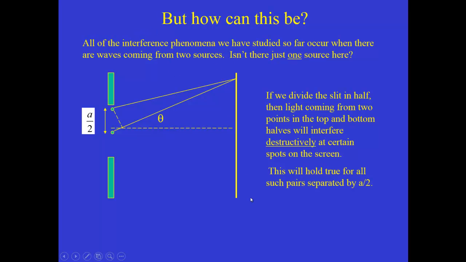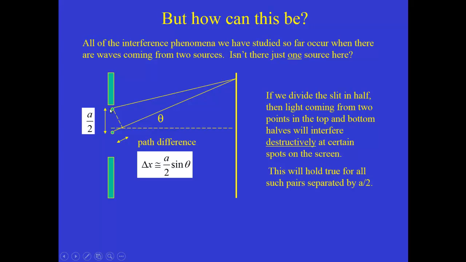So if we realize that this single slit is actually composed of infinitesimally tiny individual sources, then we see how constructive and destructive interference could happen. So let's analyze this situation and write down the conditions for the dark fringes.